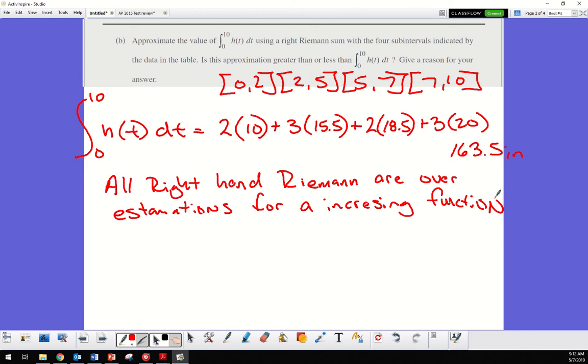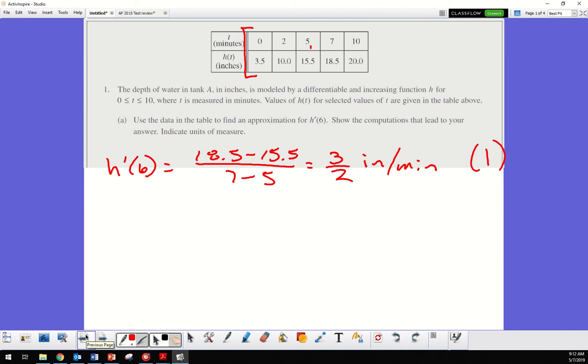And where do we get that information? Differentiable and increasing. Okay, differentiable and increasing there.